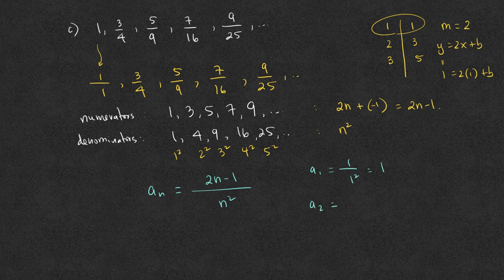A sub 2 is 2 times 2 minus 1 over 2 squared, which is 3 over 4. A sub 3 is 2 times 3 minus 1 over 3 squared, which is 6 minus 1 is 5. In the denominator, 3 squared is 9. And if we keep checking, we see that, yes, this formula satisfies the given sequence.